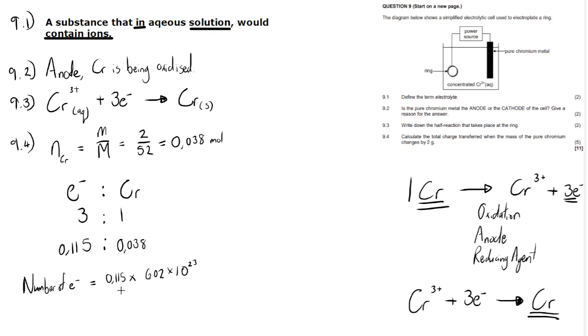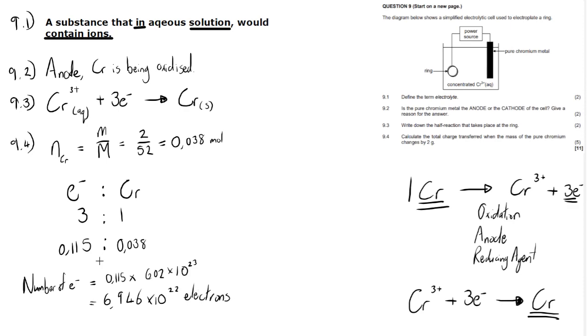And if you're unsure, this is a constant that is given in the formula sheet at the end of the question paper. This gives us a total value of 6.946 times 10 to the power of 22 electrons.